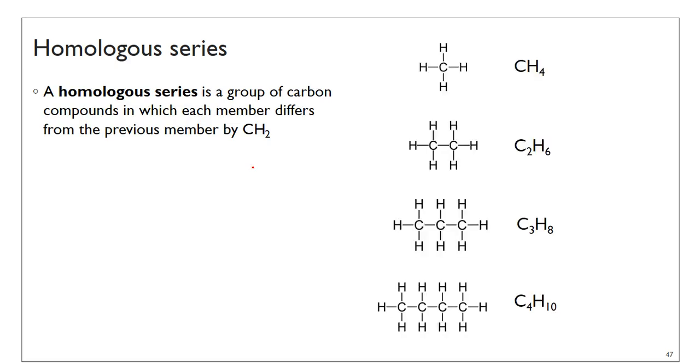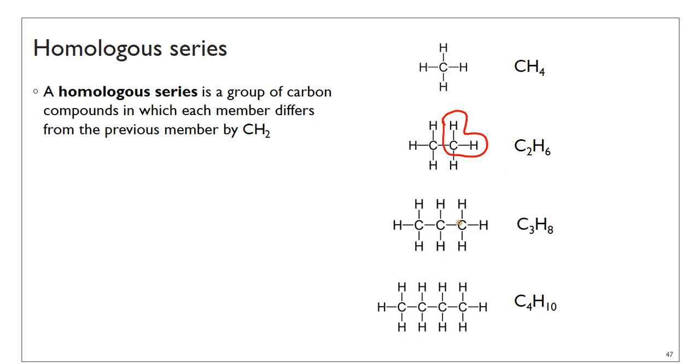So just to give you an example, let's say I have CH4 and then I have C2H6. To go from CH4 to C2H6, I have added CH2 to the longest carbon chain. Now, if you have CH2, you cannot add it as a branch because a branch is supposed to be CH3. So the only way to go from one member to the next is by growing the longest carbon chain.